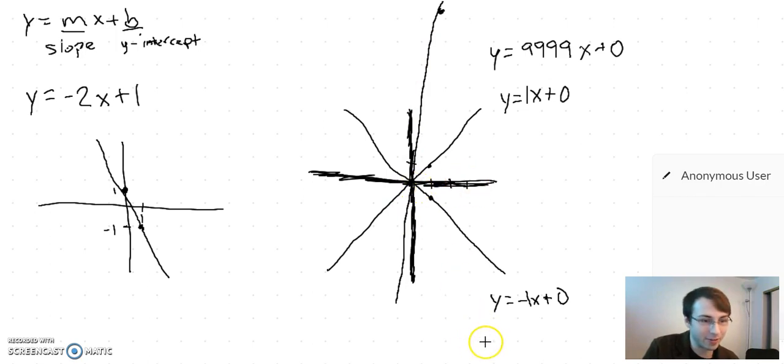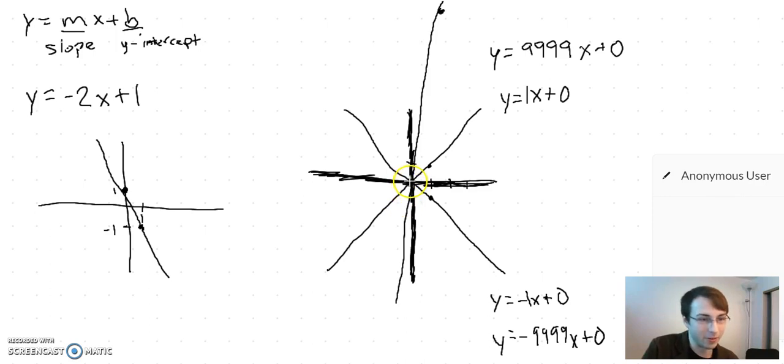And then likewise, if we do y equals negative 9,999x plus 0, then now the hill is actually a valley, and it has a depth of 9,999 feet.